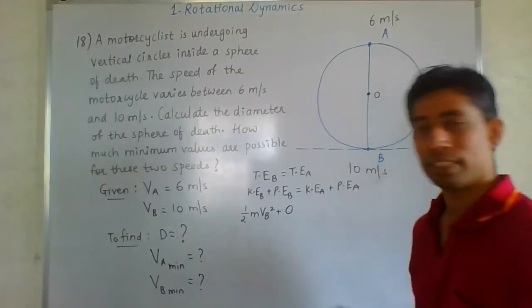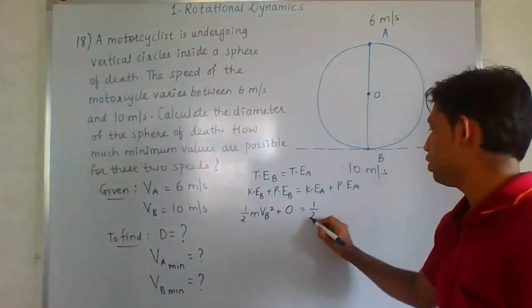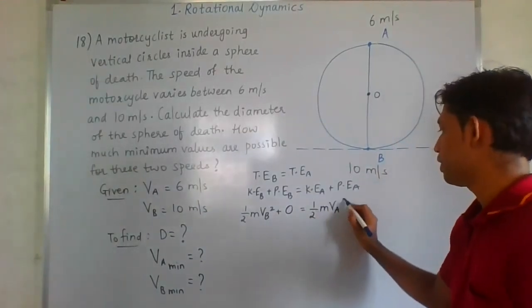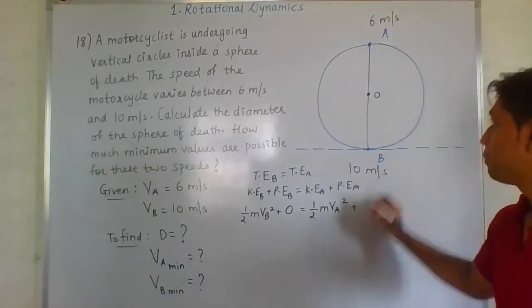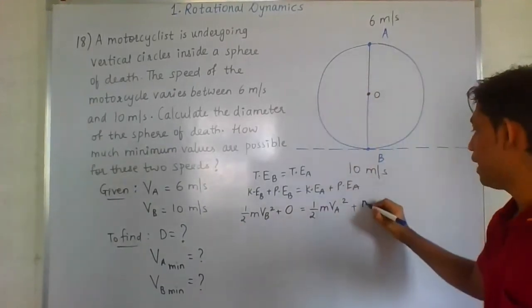So no height 0. Kinetic energy of A half m v square and potential energy zero.